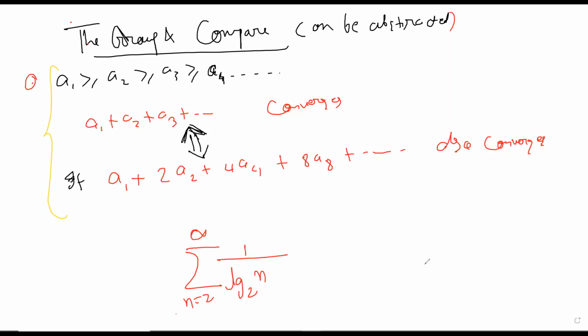So if I apply it, I'm going to get 1 by log 2, and then 2 times A2, which is 2 by log 3, and 4 times A4, 4 by log 5.